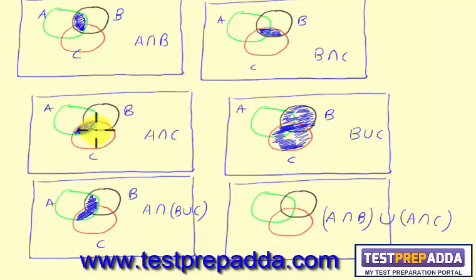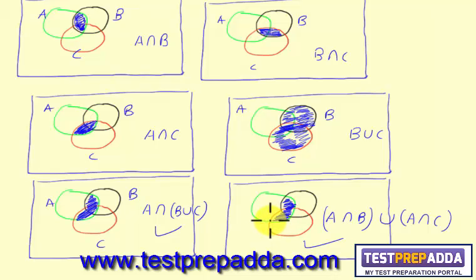So if I try to write the union of these two, then it will come this. So you can see this one and this one, the shaded portion is same.